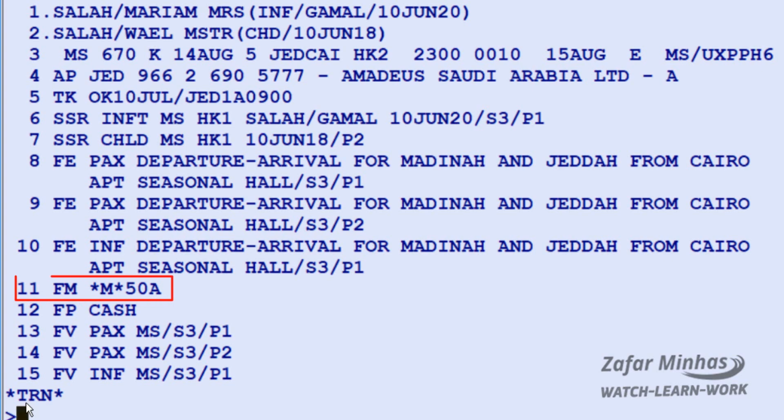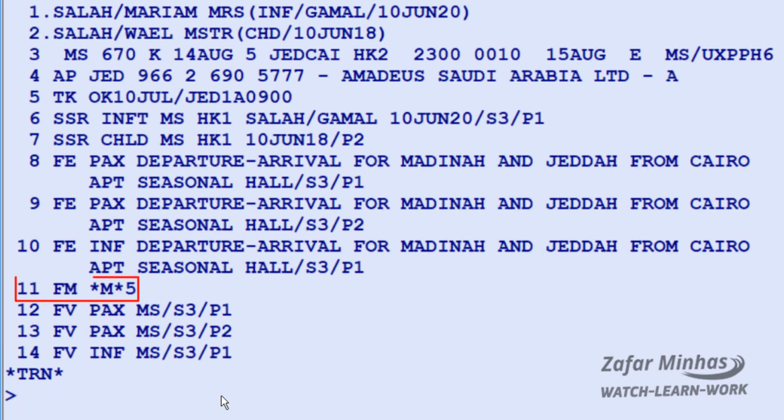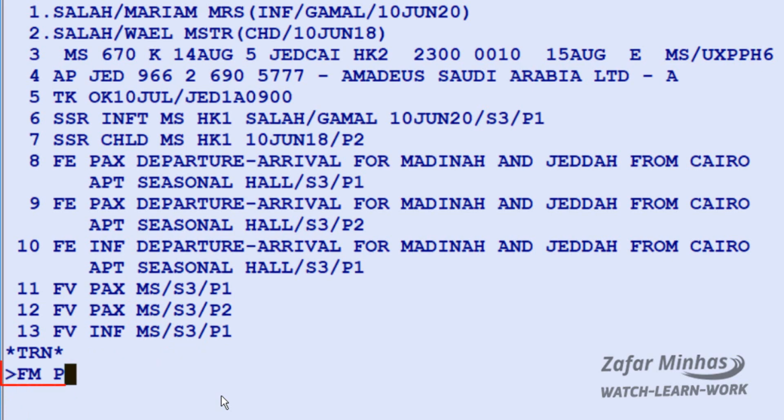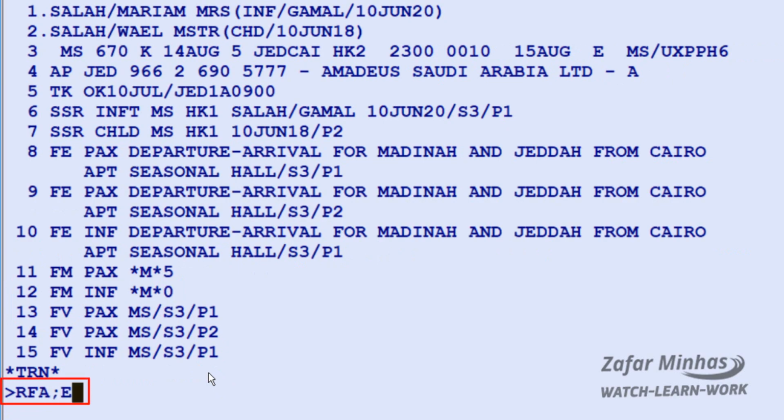Enter. Commission element has been updated. To add a percentage commission of fare, use FM commission transaction plus 5%. Enter. Commission element has been updated. You can also add a commission element for non-infant and infant passengers in a PNR. Save changes in a PNR for further action.